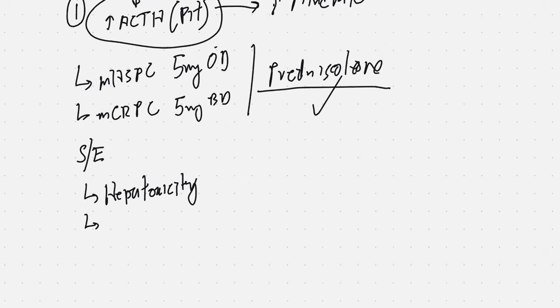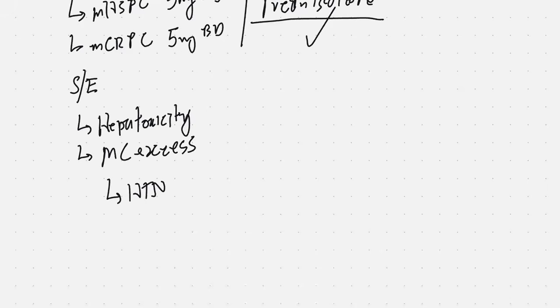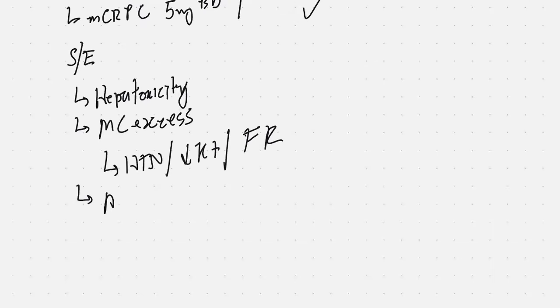Like I mentioned earlier, that's why we give prednisolone along with it. And this mineralocorticoid excess can cause hypertension. It can cause decrease in potassium. It can cause fluid retention. All these side effects can happen. And of course, there's a decrease in cortisol production, right? So there will also be adrenocortical insufficiency, right? Adrenocortical insufficiency can be seen as well.